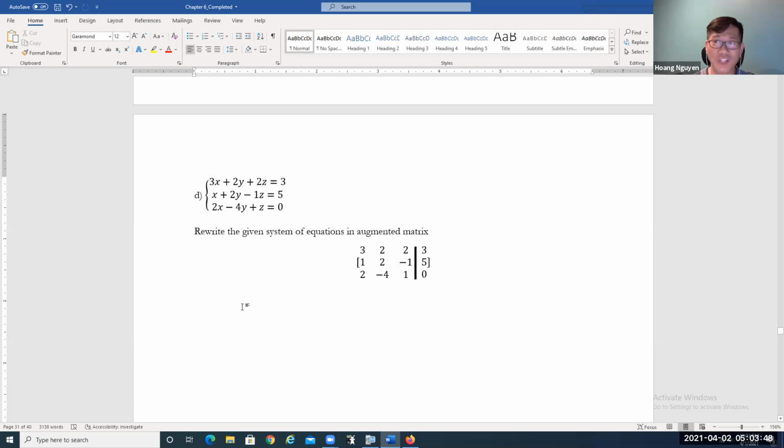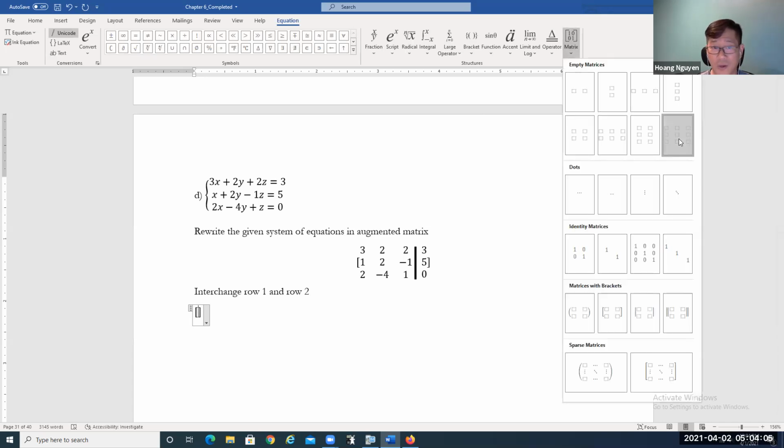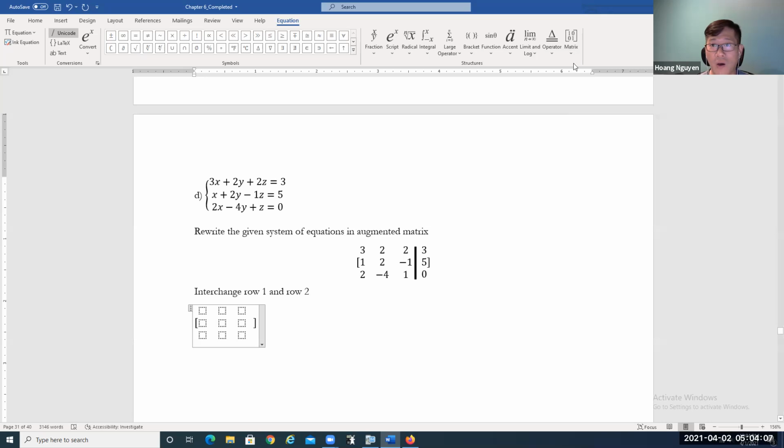You might interchange 2 rows, right? So interchange row 1 and row 2. Okay, so it means that we're going to swap them. Make sure that you swap the entire row, right? So we're going to interchange the elements in row 1 and the elements in row 2. So row 2 will move up to row 1.